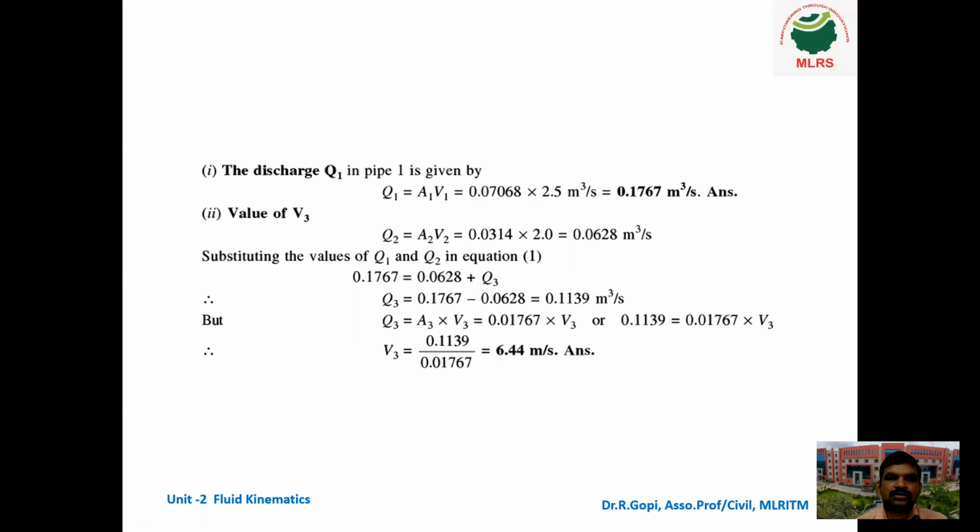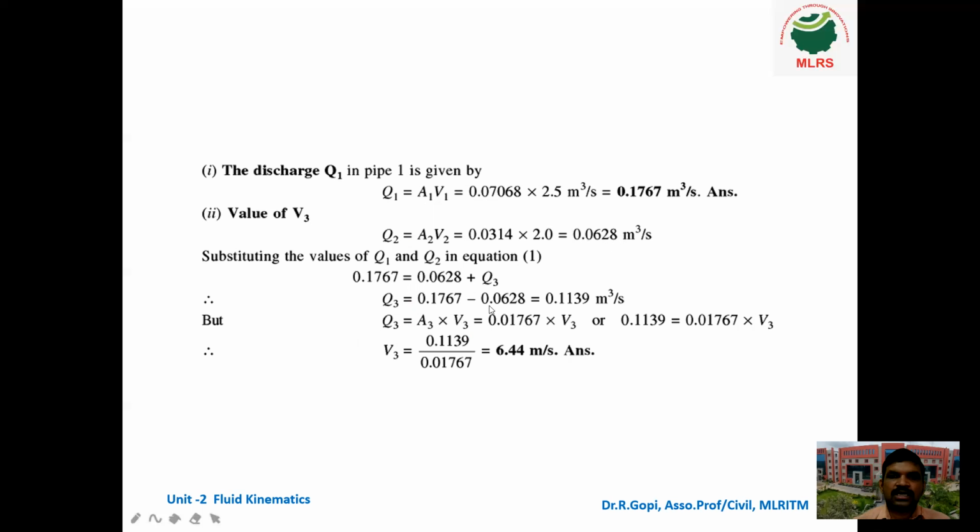Okay, so now this is your Q1 value, 0.1767. Next, Q2 value. Q2 value is how much? 0.0628. So this is your Q2 value. Next, Q3 value only we don't know because V3 we don't know. V3 only we have to find.